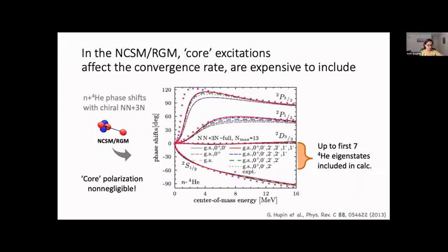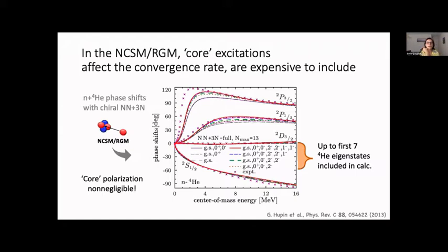Okay, so of course, the resonating group method has its limitations, and a special one is that it has difficulties in accounting for the excitations of the core, and if you want, the internal excitations of the projectile and target during the reactions. And to show this, I am showing the example of neutron-alpha scattering in this plot, in the scattering phase shift.